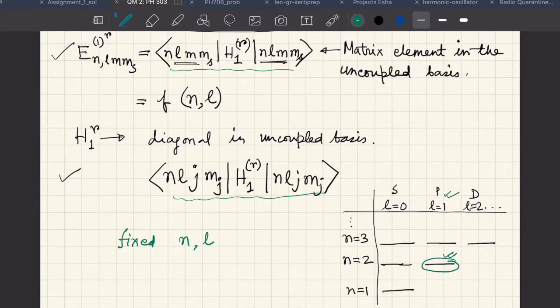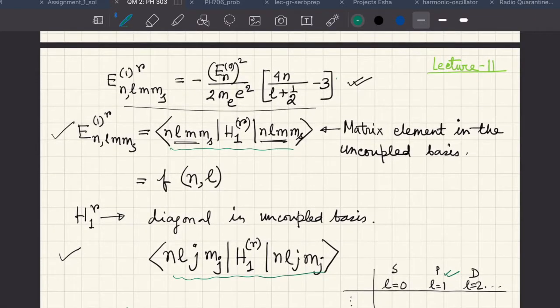Now of course there are lots of states in this particular level that I have just chosen for a fixed n and l. There are lots of such energy states, all of which have the same value of energy simply because we have different m and ms, but the answer here which we have written does not depend on m and ms.